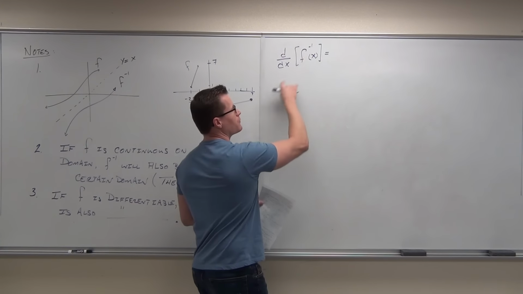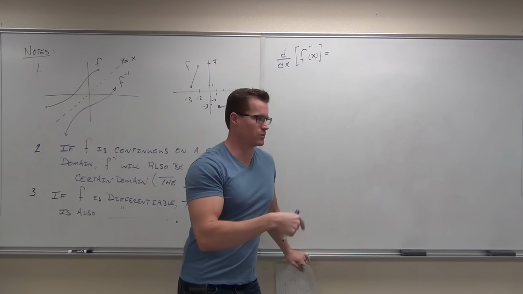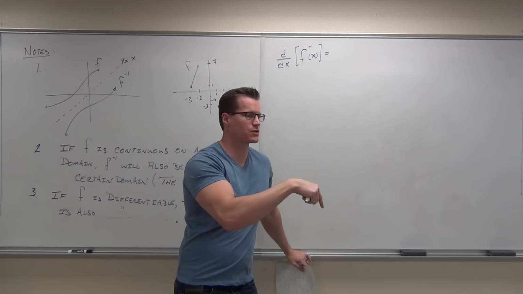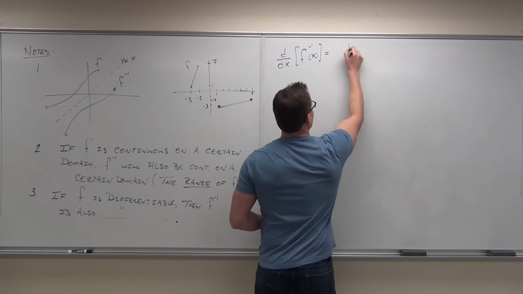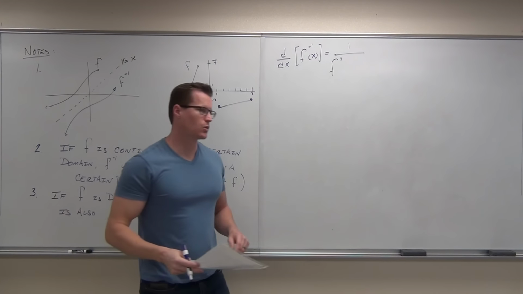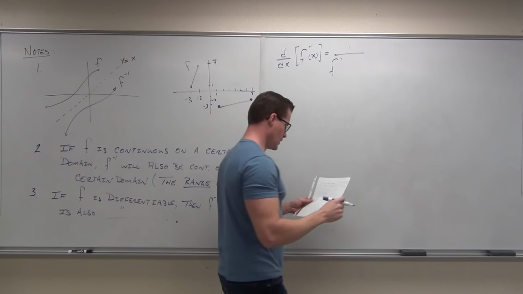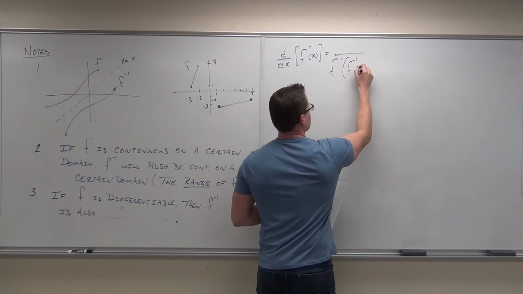So if I want to find the derivative of an inverse, I can do it two ways. I can find the inverse of the function first, then take the derivative, or I can find the derivative of the actual function and compose f inverse into it.